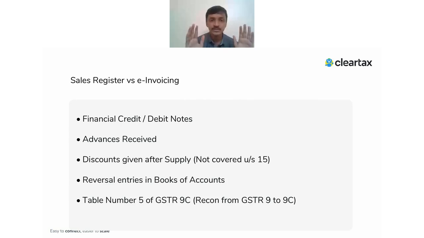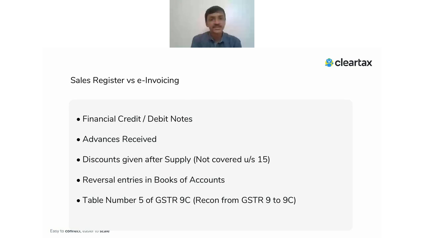There might be issues while doing the reconciliation of these two, such as the following. Apart from these, if anything else is there, then we'll have to take due care of it. Why is there a difference? The first thing is a financial credit debit note which does not have any GST impact. As we know, from 2017-18, 2018-19, 2019-20 also, all the financial credit debit notes which do not have any GST impact are just accounted in my books of accounts.